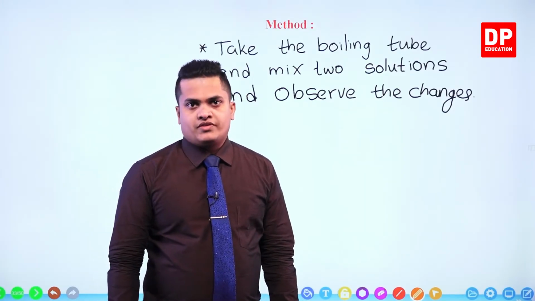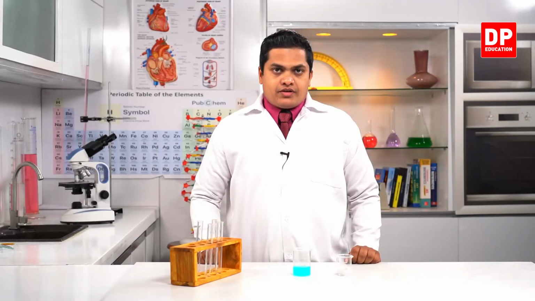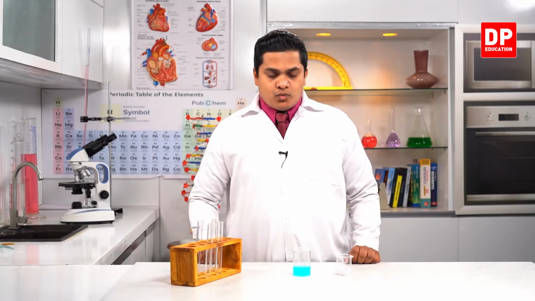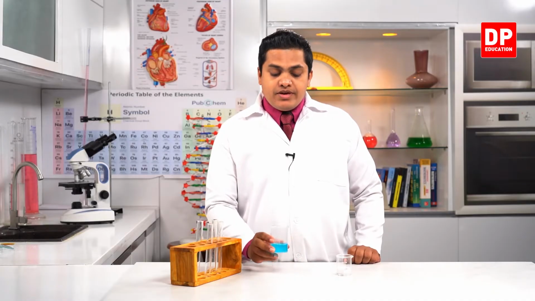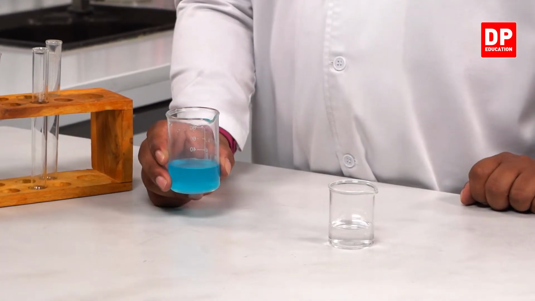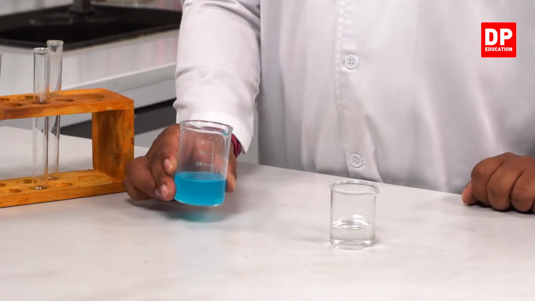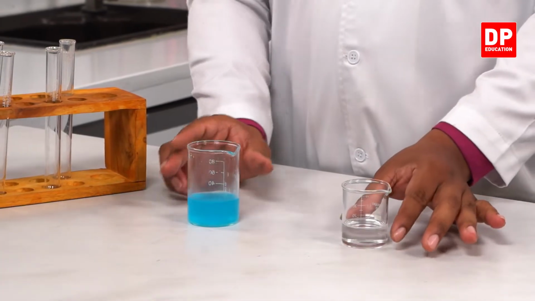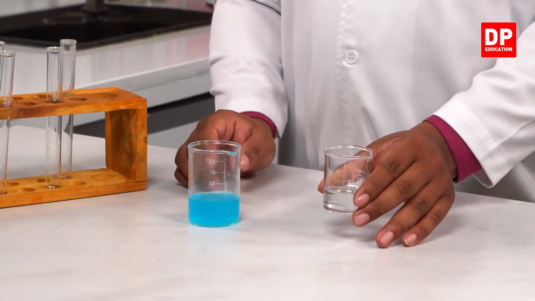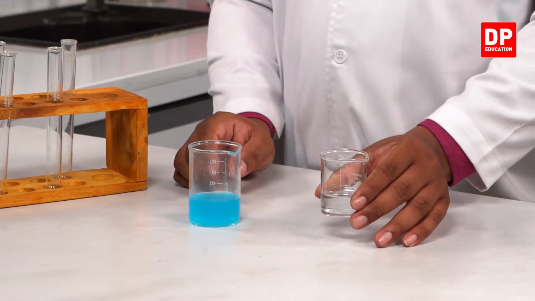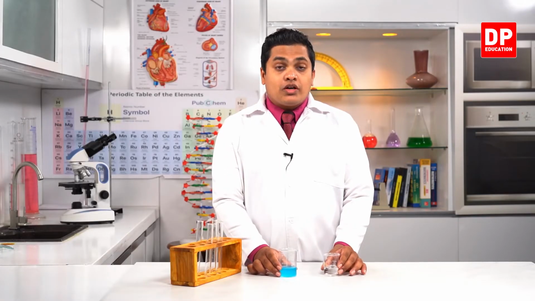what our observations are. Right, my dear children, now let's see this experiment where we are going to mix some amount of copper sulfate solution with sodium hydroxide solution. I'm going to mix these two solutions and observe what kind of change is going to occur.